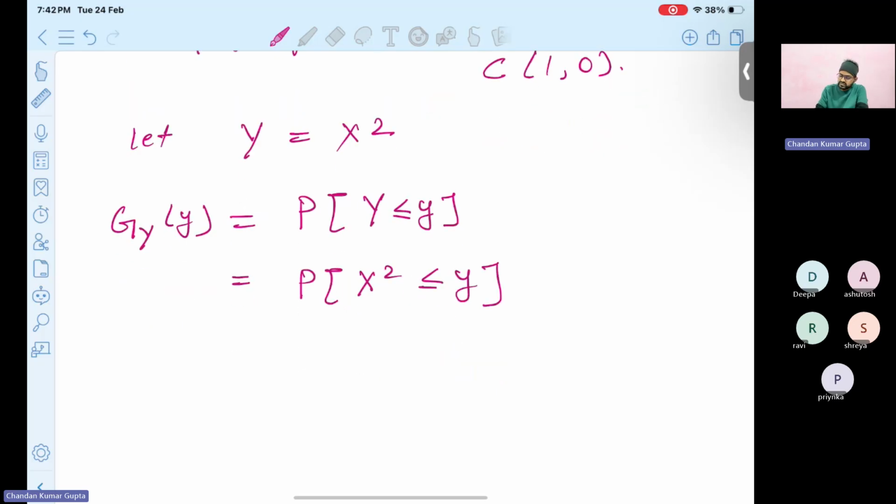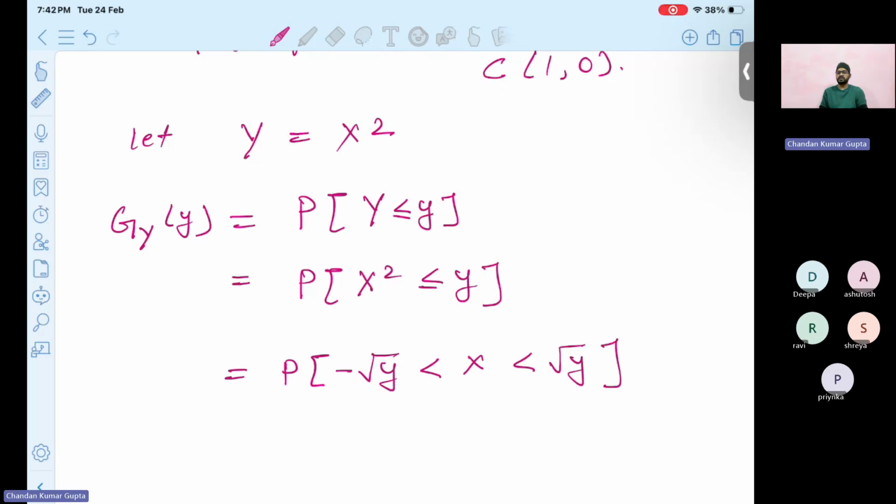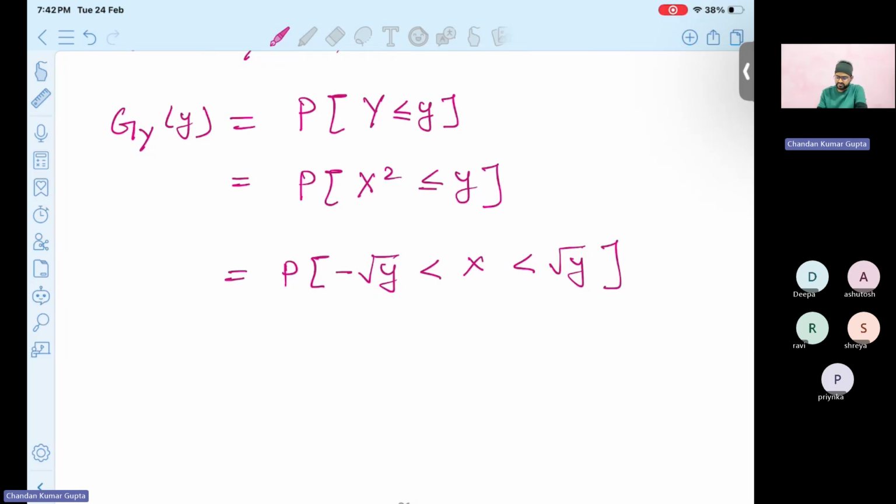So from here we can write the probability that x lies between minus root y and root y. That's simple mathematics up to this point.